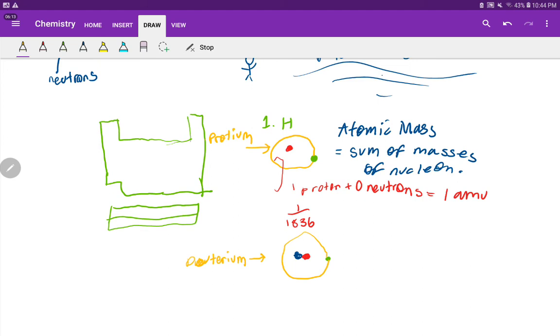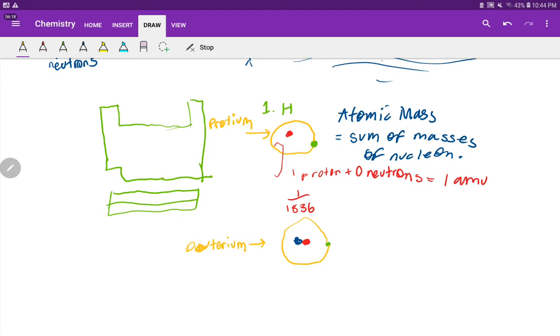And now, to find the atomic mass of this, you would have one neutron plus one proton equals 2.